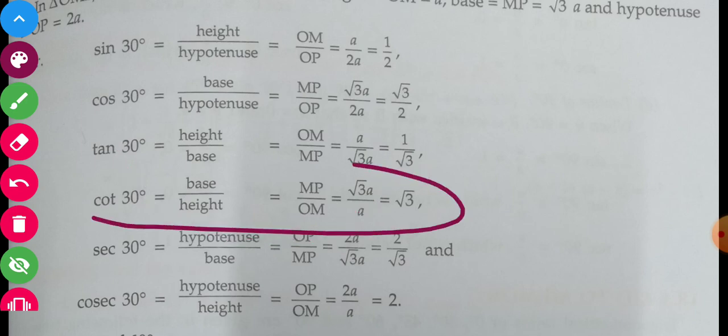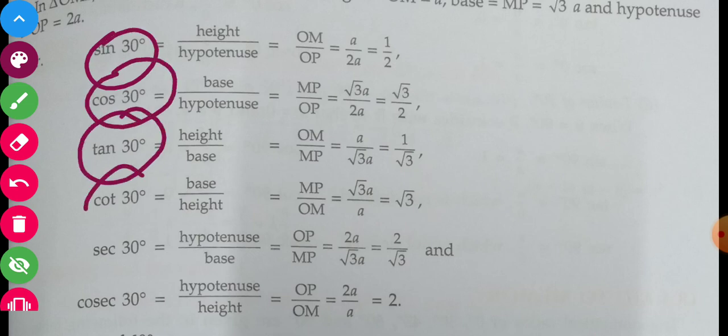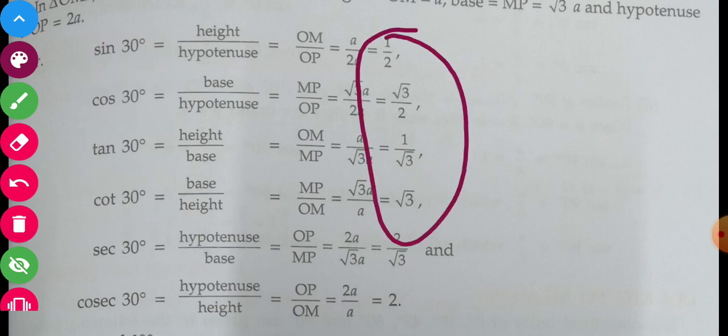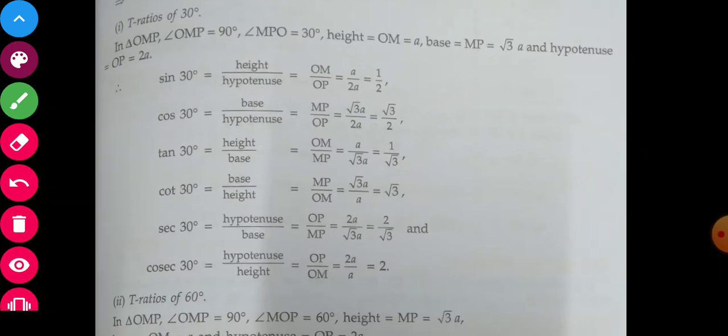Similarly, you find the other ratios. Once you get the triangle, you have the sides, and you already know the basic definition of trigonometric ratios. Applying that, you get the values for sine 30, cos 30, tan 30, cot 30, right? So we need to remember these values. So this is when my angle is 30 degrees.